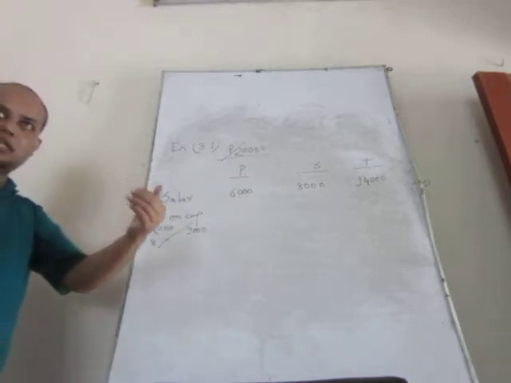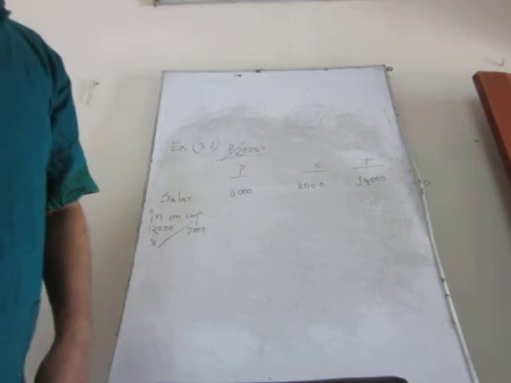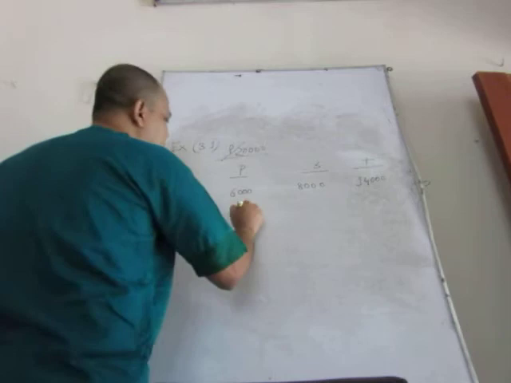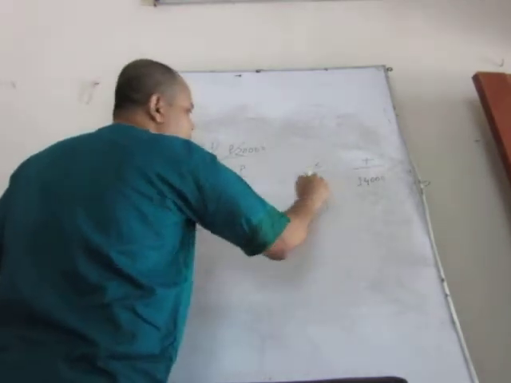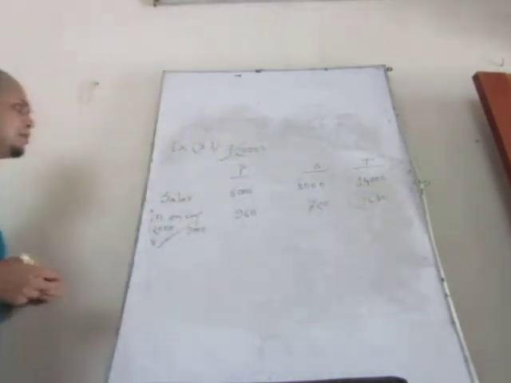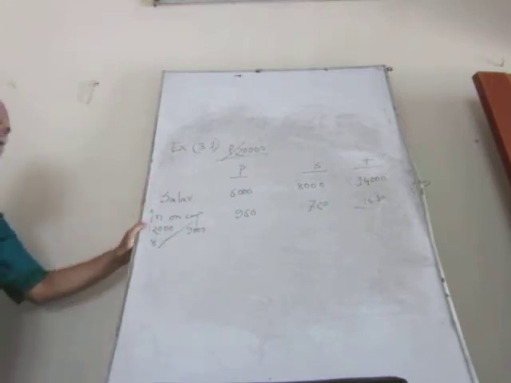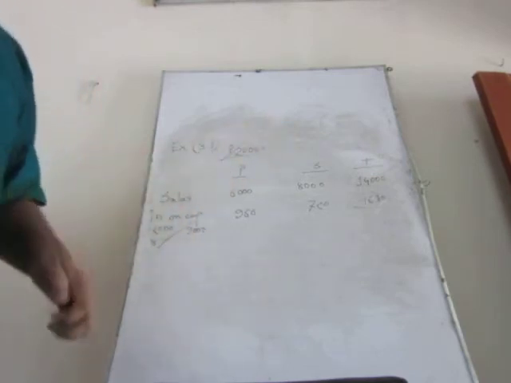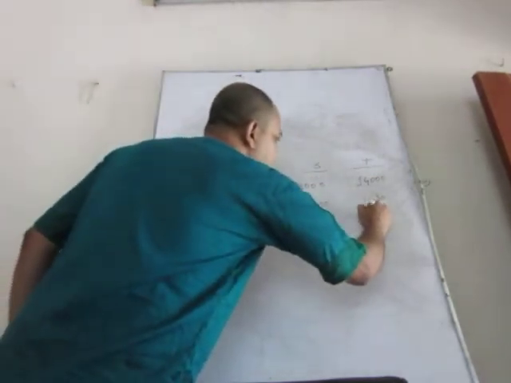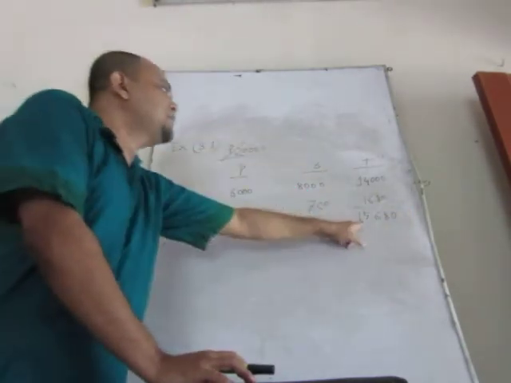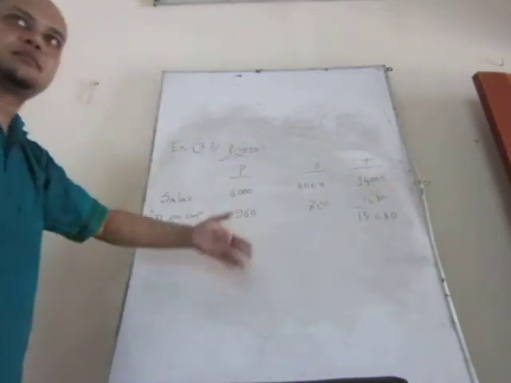That is 960 and 720, so the total is 1,680. By providing salary and interest on capital, the total amount already distributed is 15,680. That means from this profit of 20,000, 15,680 is already distributed in this way.